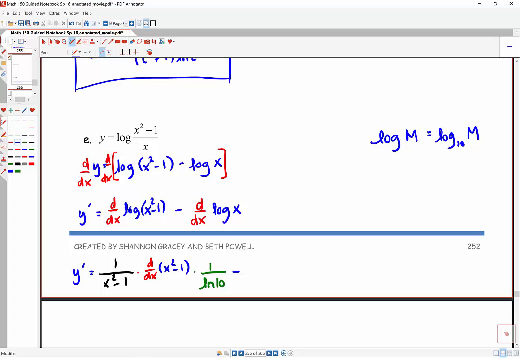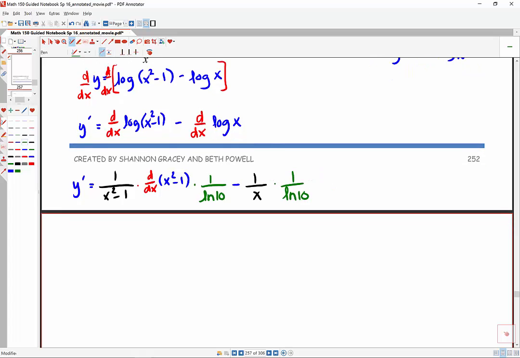So this will just be minus 1 over x, and then times 1 over natural log of 10. Good so far? Great. Okay, so here we go.